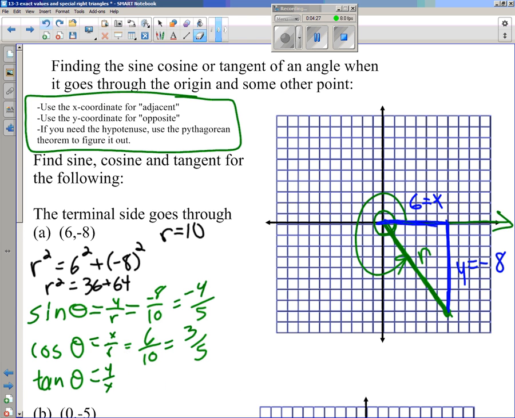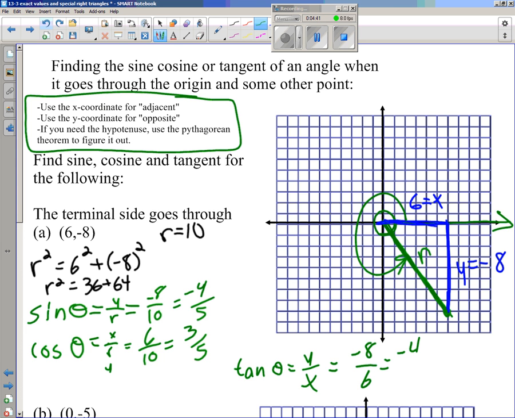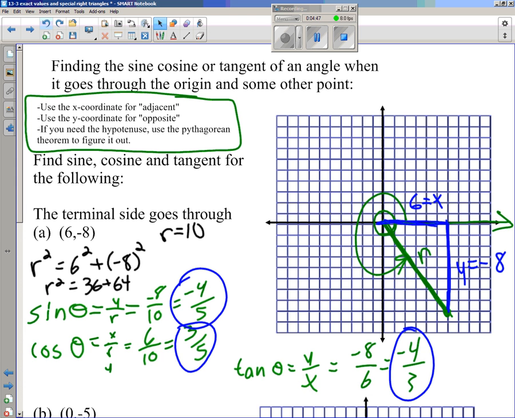So you rewrite it. Tangent of theta is y over x. Always reduce. All right, another one.